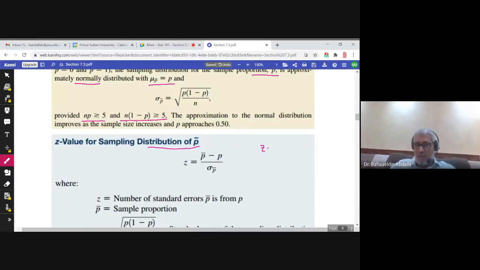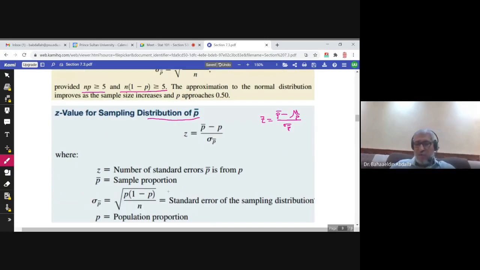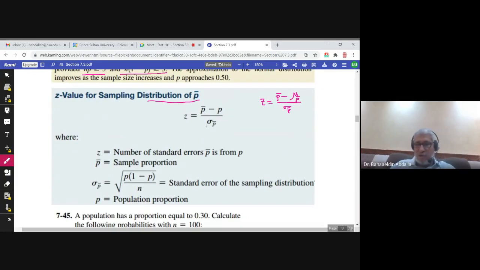We subtract P bar minus mu P bar, which is P, over sigma P bar, which is the square root of P times 1 minus P over n. So this would be the formula to change from P bar to Z.